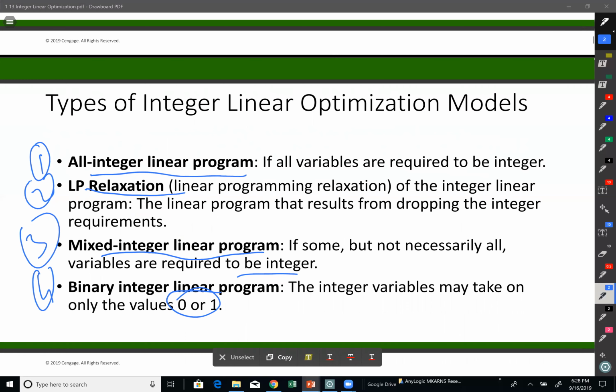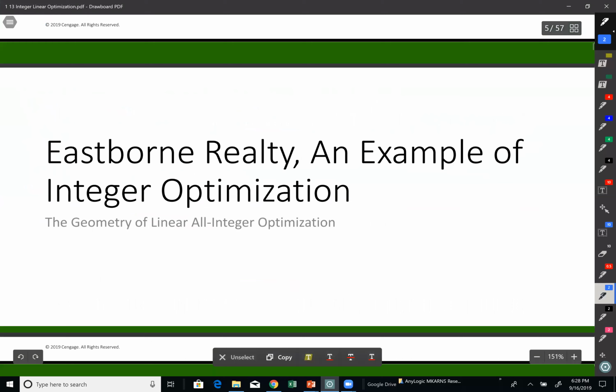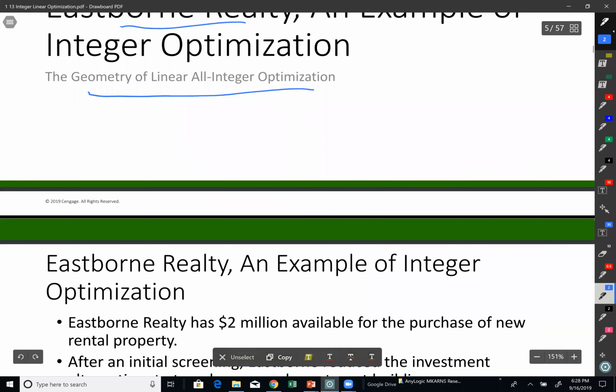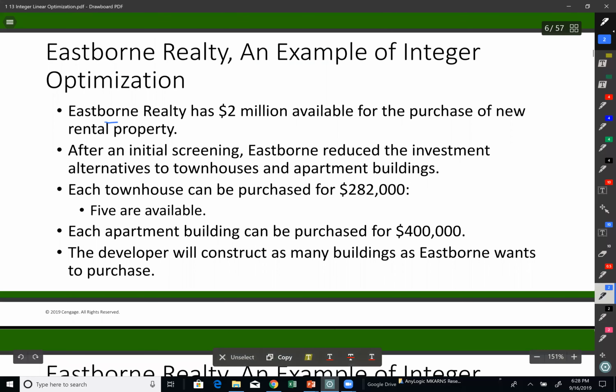So let's talk about an example, at Eastborne Realty, which is an integer optimization problem. And I would like to first, in this video, talk about the geometry of a linear optimization problem. In this problem, there is a company, Eastborne Realty, that has $2 million to purchase rental property.